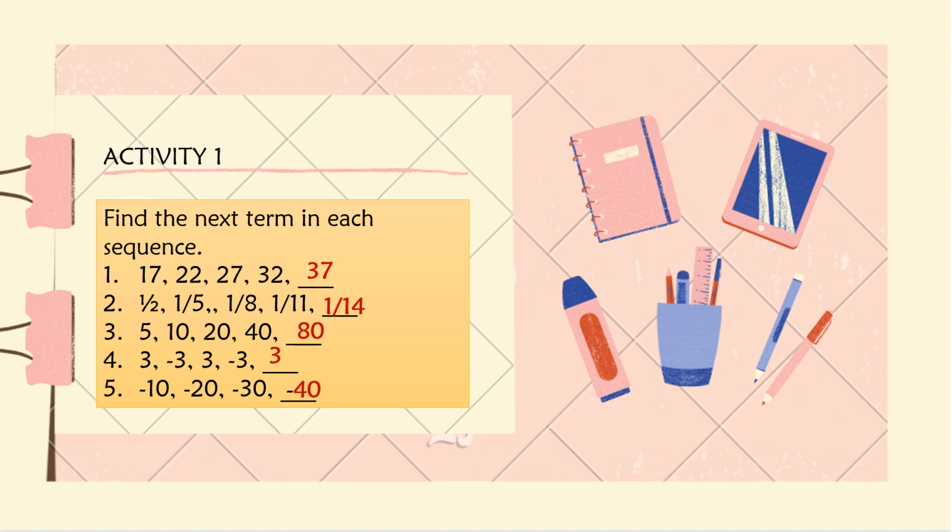And negative 30 plus negative 10 is negative 40. So remember the rules in adding integers. When we add two negative numbers, the answer is negative. So same sign, add and keep.